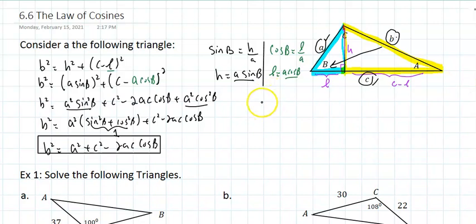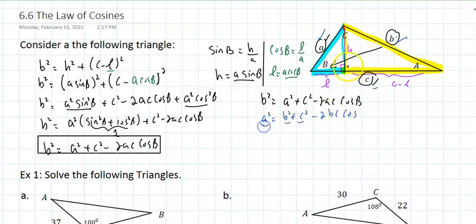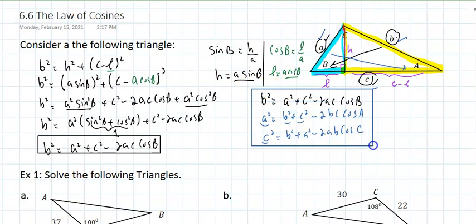Similarly, if I picked side A and I squared it, that's B squared plus C squared, minus 2 times the product of those two sides, times the cosine of the angle opposite of side A. And similarly C squared equals B squared plus A squared minus twice AB, the cosine of the angle opposite of C, and this is the famous law of cosine.